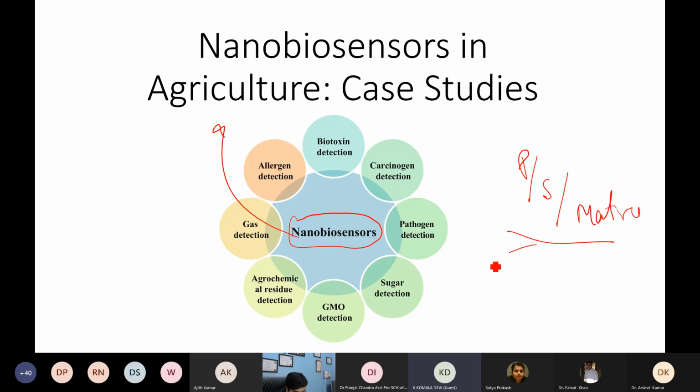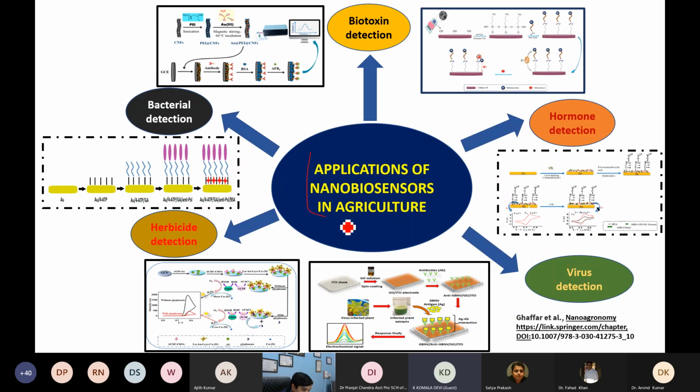What can be detected? They have detected DNA, RNA, gases, heavy metal ions, and many more things. You can see the applications of nanosensors in agriculture: biotoxin detection, hormone detection, virus detection, herbicide detection, and bacteria detection.